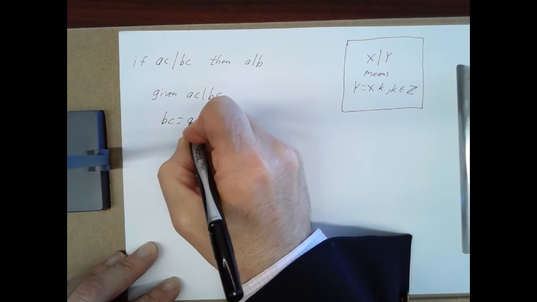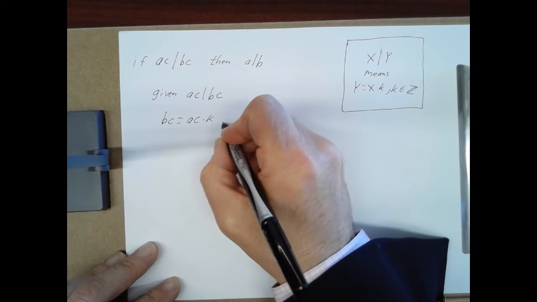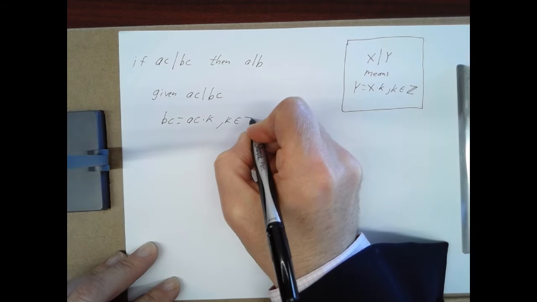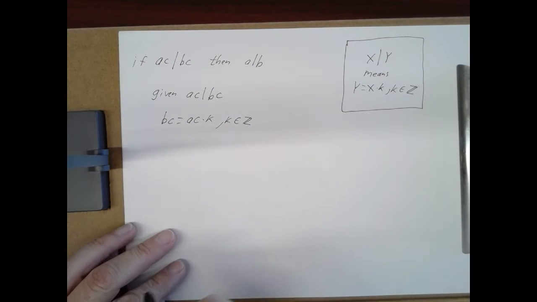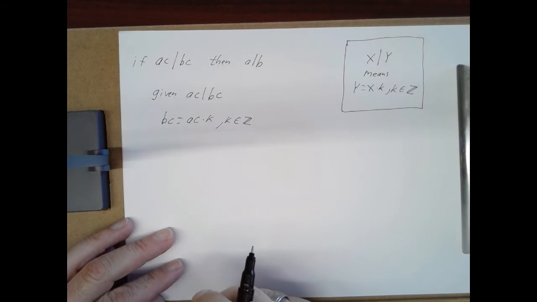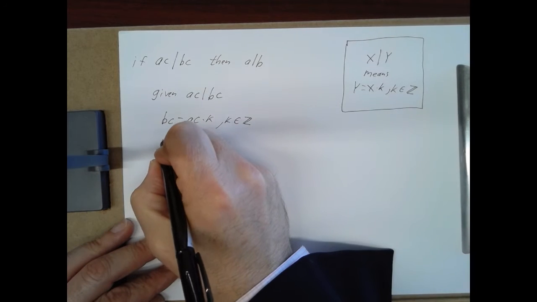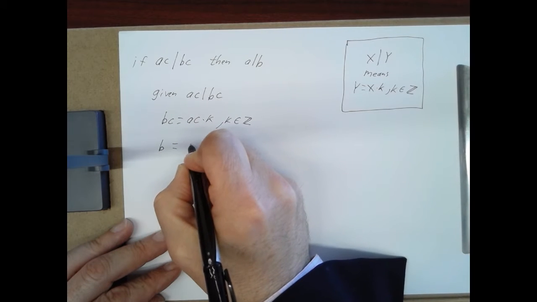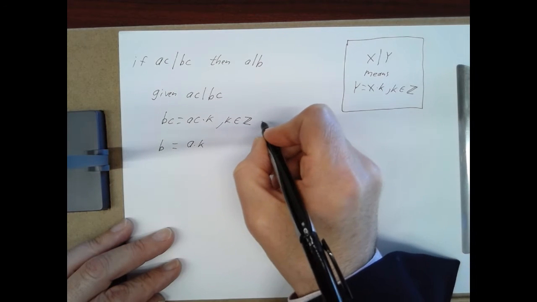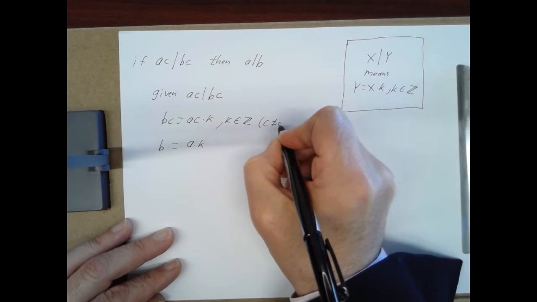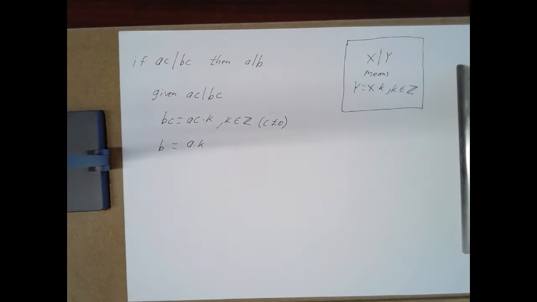BC equals AC times K, where K is an integer. And then divide both sides by C, because we're told C is not 0, right? So B is equal to A times K, which is only legal because we're told C is not equal to 0.